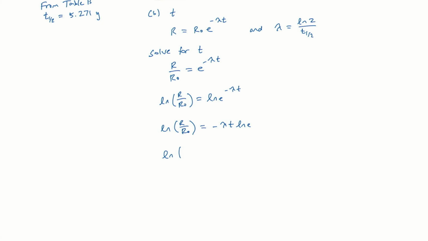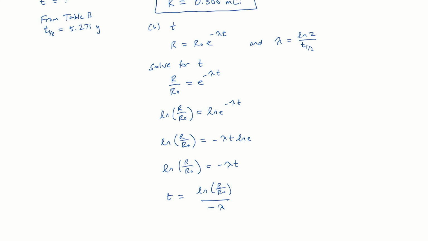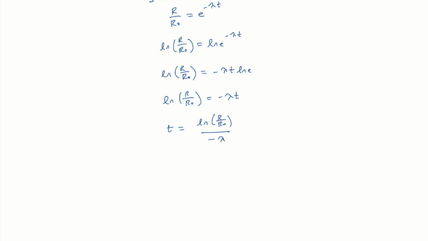And so we have the ln of R over R naught is equal to minus lambda t. We're looking for t. And so t is going to be the ln of R over R naught divided by minus lambda. But we said lambda is the natural log of 2 divided by the half-life. So let's substitute that. So we've got ln of R over R naught over minus ln of 2 over t1/2.